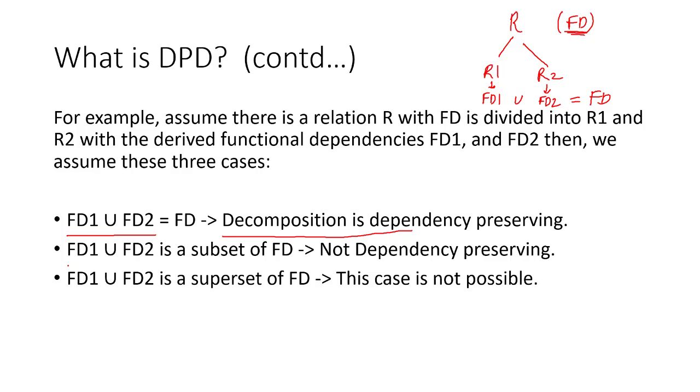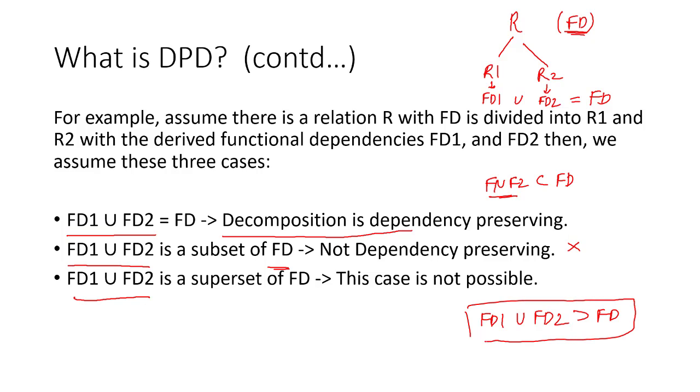If the union of F1 and F2 is only a subset of FD, then we can say the dependency is not preserved. Another case is that FD1 union FD2 may be a superset of the functional dependencies with respect to R. But this is not a possible case.